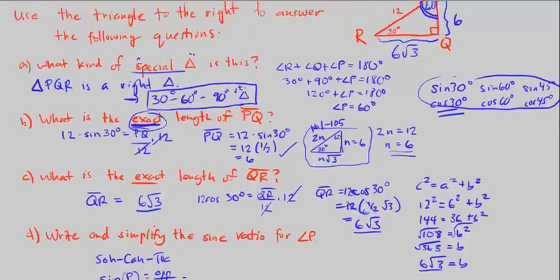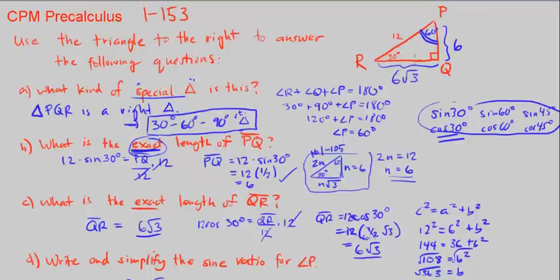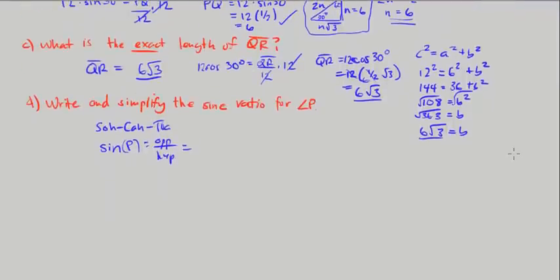And that's equal to 6 square root of 3, the opposite side from angle P, over the hypotenuse 12. So it's 6 square root of 3 over 12. It wants us to leave this answer in simplified radical form. 6 over 12 is like 1 over 2, because they can both be divided by 6. So in simplified radical form, sine of angle P is equal to square root of 3 over 2.